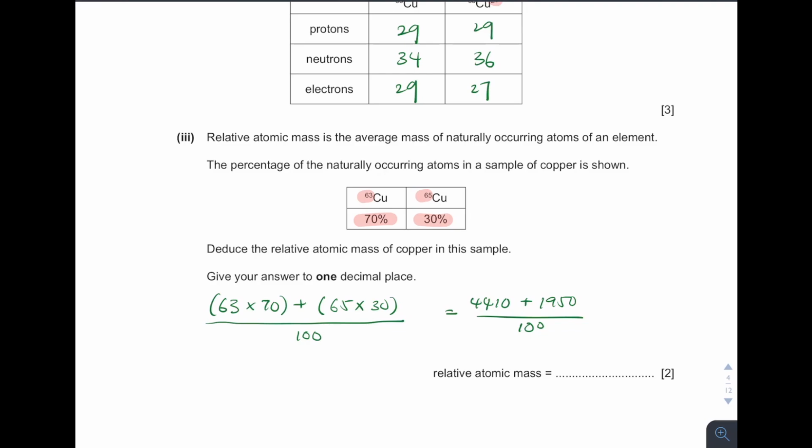Eventually we'll get 63.6. Remember, there is no unit for relative mass. Okay, no unit. Right, so this is how to look for it. You look for the total mass based on the percentage, and then you divide by the total percentage. So this is how we look for the average mass.